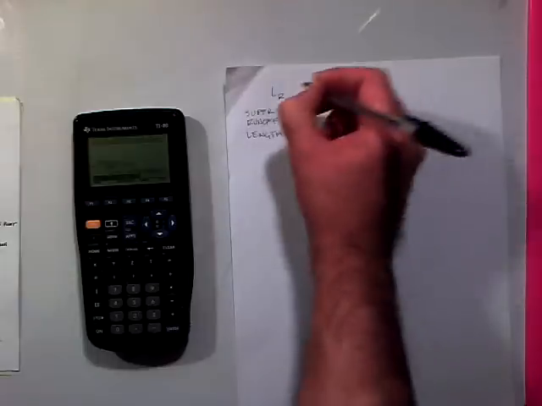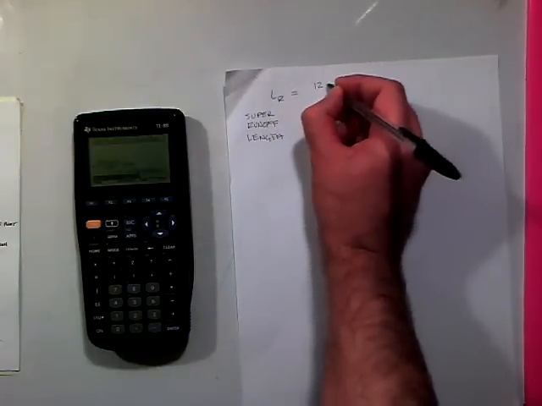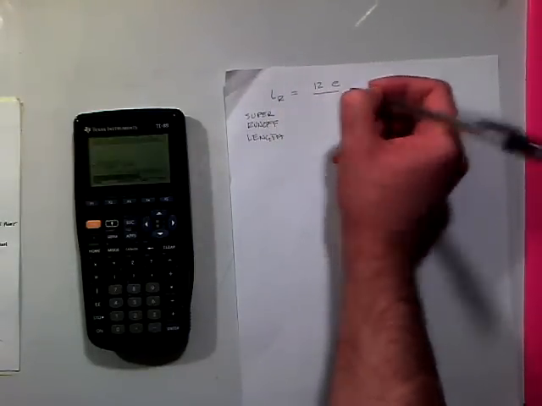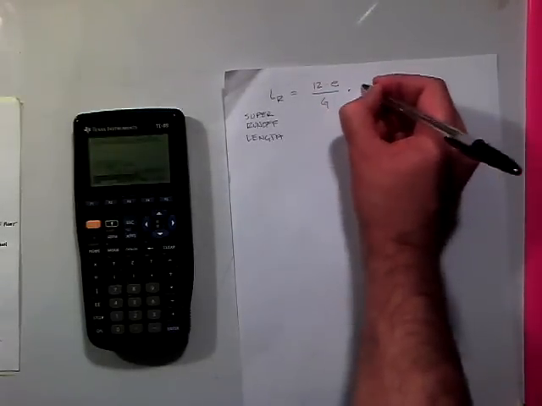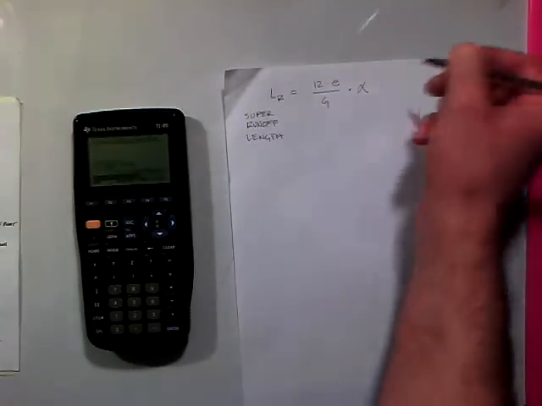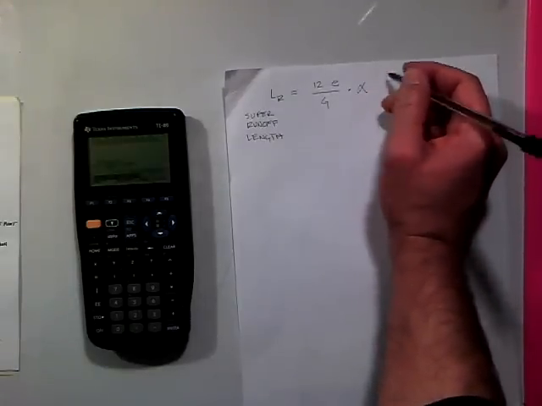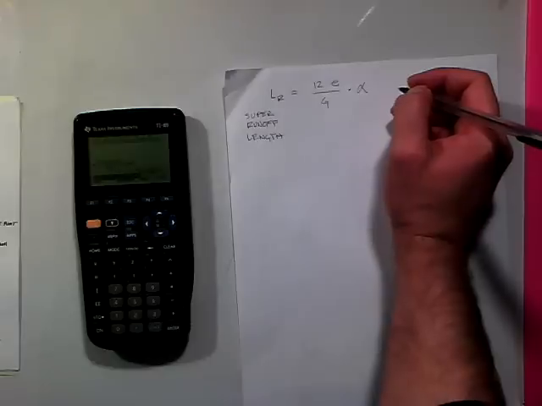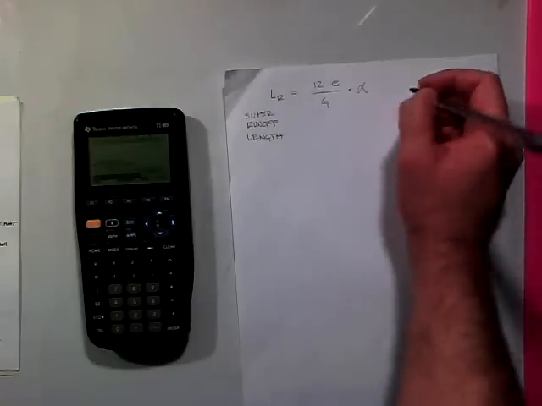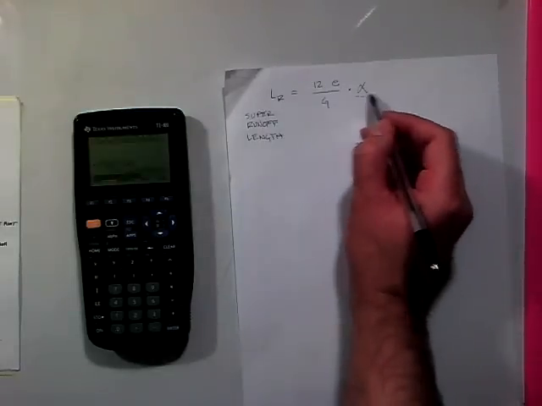LR equals 12 times E over G times our alpha, which is an adjustment factor that we get from the table. I believe it's the AASHTO table. And for this problem we are not given a factor, so that can go ahead and just be 1.